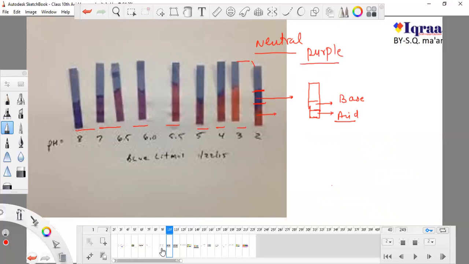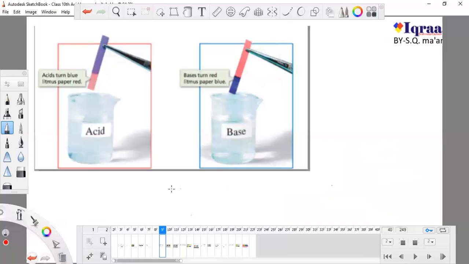Okay, so this is how we can make three types of filter papers. And we can find these two types of filter papers: one is acidic and one is basic. This is basic filter paper, you can see this purple, blue color, and this is acidic filter paper. You can find this red color, and both of them can help us to find acid or base.